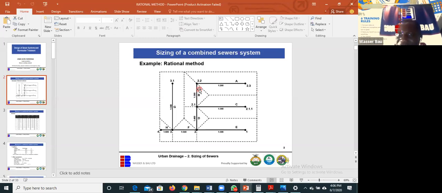The houses connected to B are giving you 2.1 liters a second. B is a little bit small compared to A. While A is giving you 6.29, B is giving you 2.1. But the flow in B is the aggregate of the two of them because A is emptying into B.